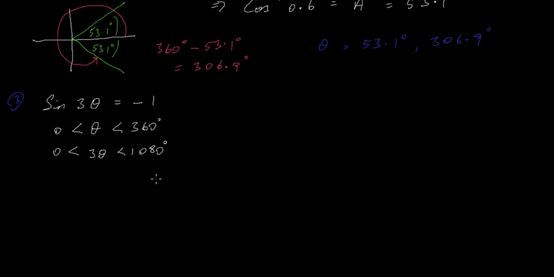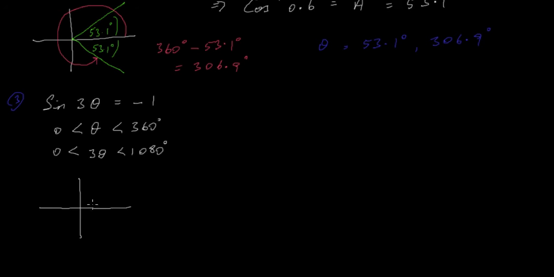So let's do that. Now, the sine of what will give me minus 1? Well, if you take your xy axis here, we know from our unit circle that 270 degrees will give us a sine of minus 1.